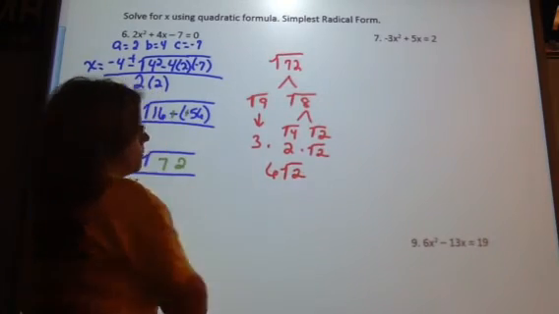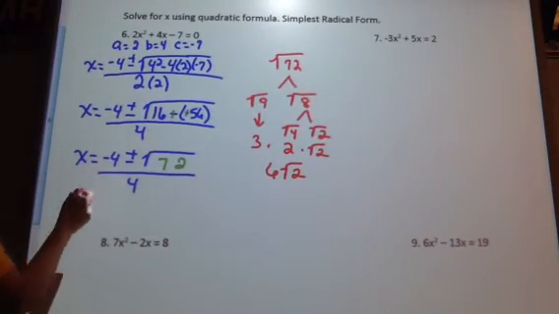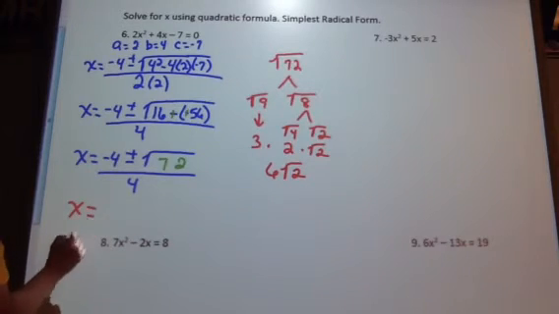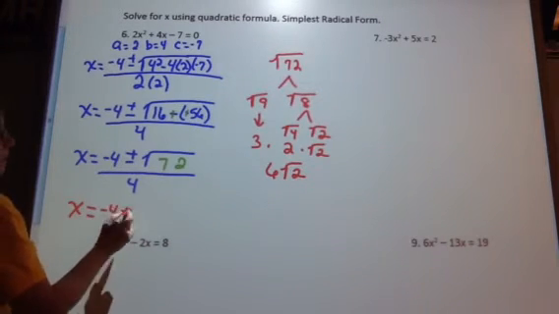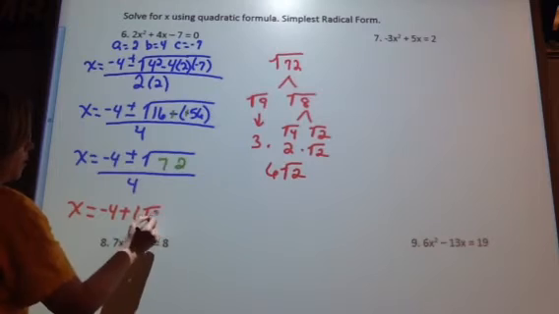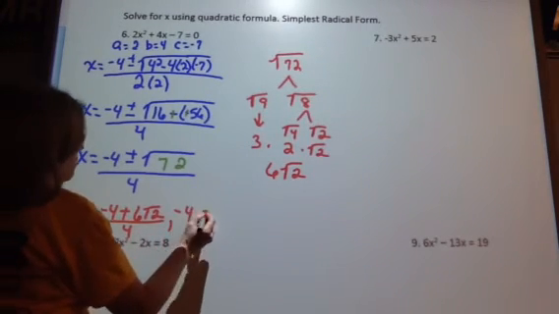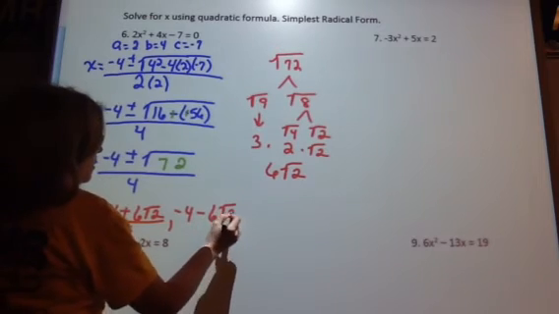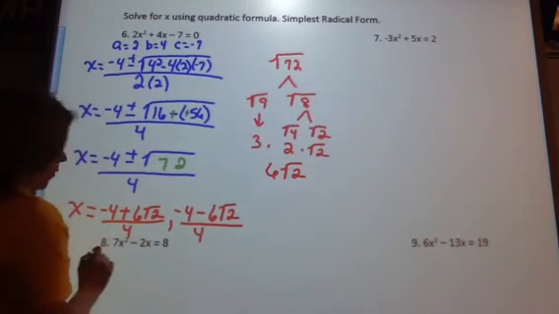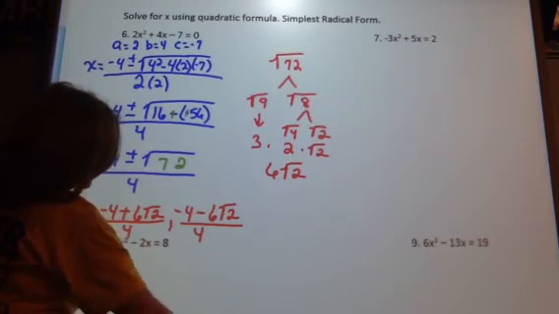So when we simplify this, we have x equals negative 4 plus 6 square root of 2 over 4. And we have negative 4 minus 6 square root of 2 over 4. Now, this is not in simplest form.